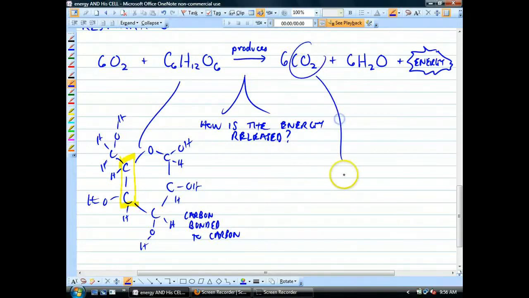What about this one here? This is what this one looks like. Those are double bonds. This is CO2. That's the CO2. Carbon with 2 oxygens on the side. Here's the important point. Carbon bonded to oxygen.